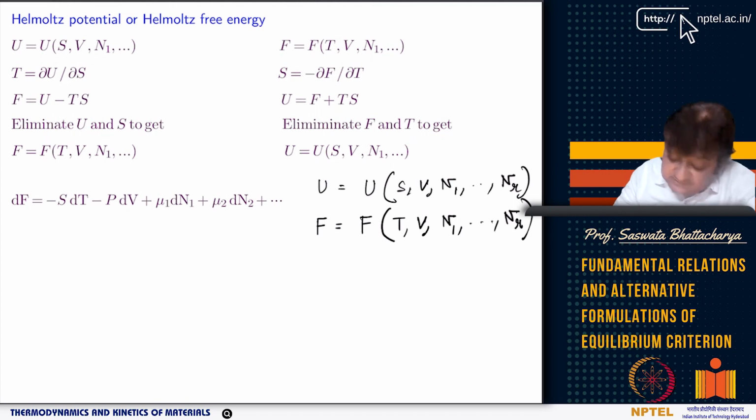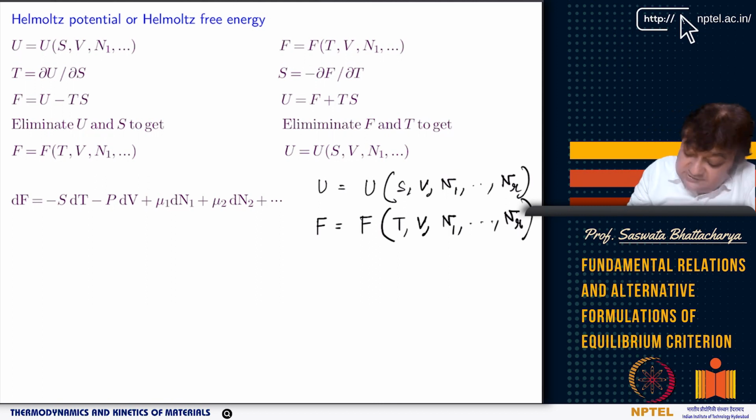So, this is a Legendre transform. F is a Legendre transform of U where the slope del U del S, which is nothing but temperature, is replacing the original variable S, and F is defined as the intercept U minus TS.